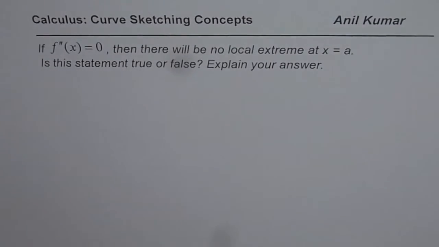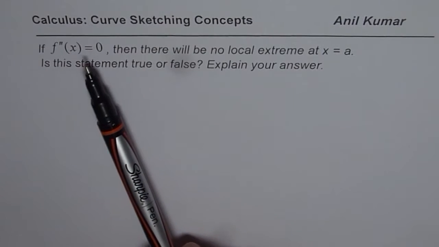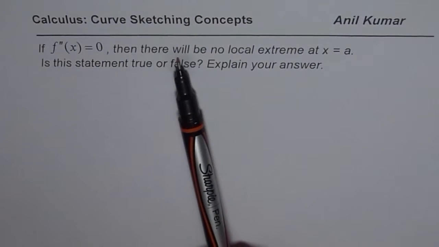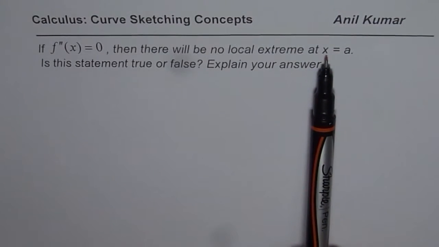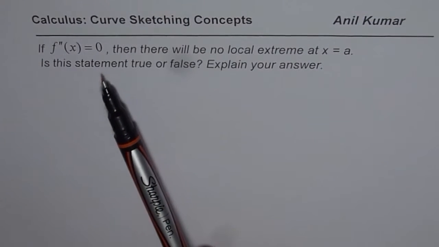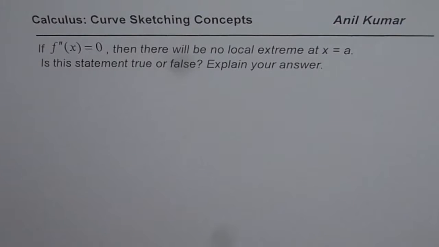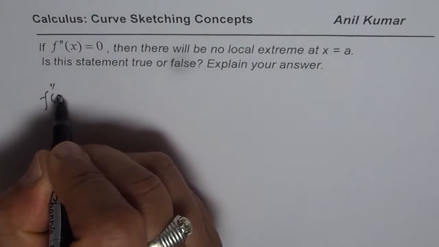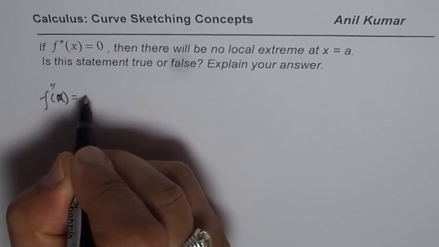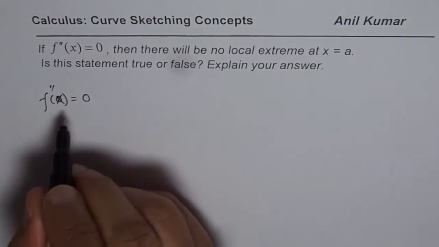So it says, if second derivative is 0, then there will be no local extreme at x equals a. Is this statement true or false? Now, one should realize that when we say that the second derivative is 0, what are we trying to test?